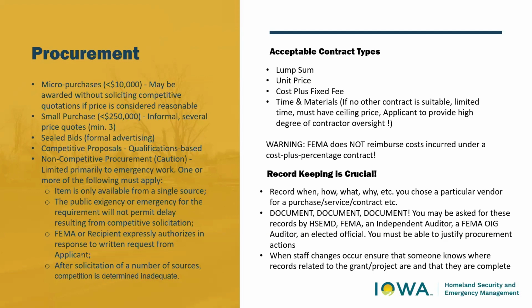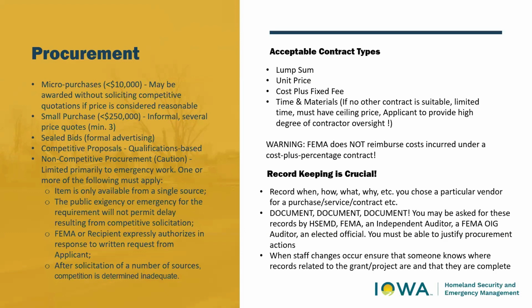One or more of the following must apply. The items only available from a single source. The public exigency or emergency for that requirement will not permit delay resulting from competitive solicitation. FEMA or the recipient expressly authorizes in response to written requests from the applicant, and after solicitation of a number of sources, competition is determined inadequate.